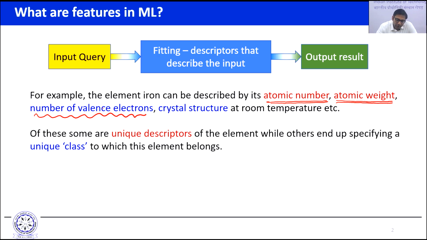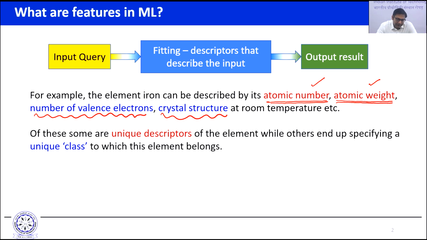So some of the descriptors are unique, whereas others are not, but in combination with many such descriptors, as well as with some of the unique descriptors, they still end up defining your material.